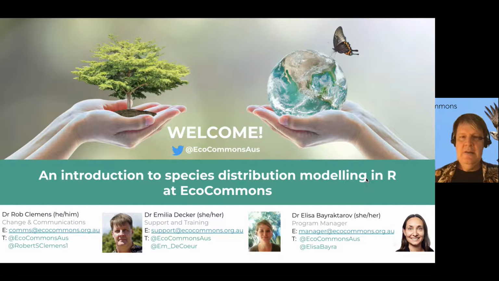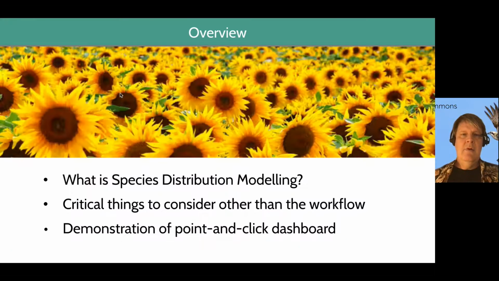So I just want to highlight what we're going to cover today. Essentially, we're going to give you an overview of what species distribution modeling is. This first module isn't going to cover any of the code. It's just going to cover some of the critical things that I think you need to consider other than the workflow.